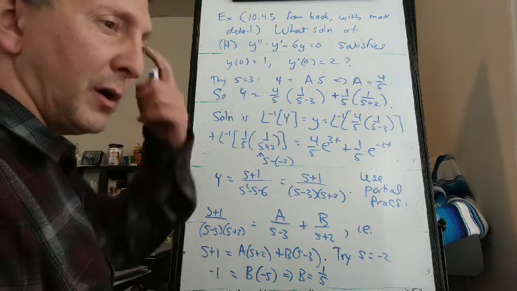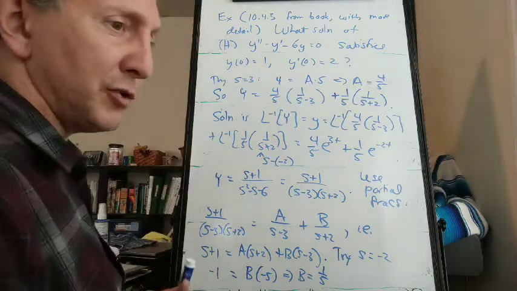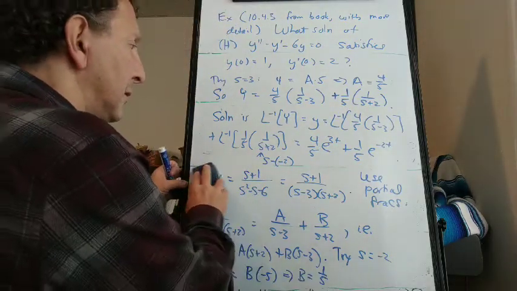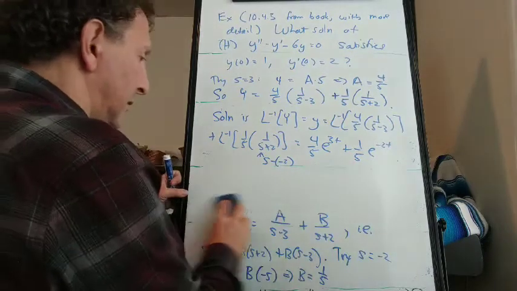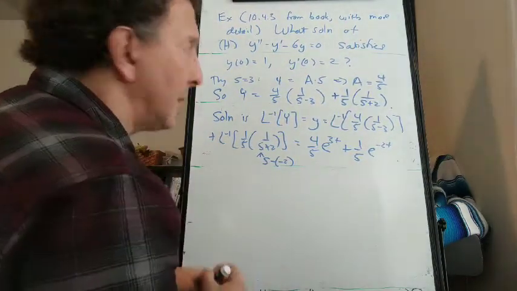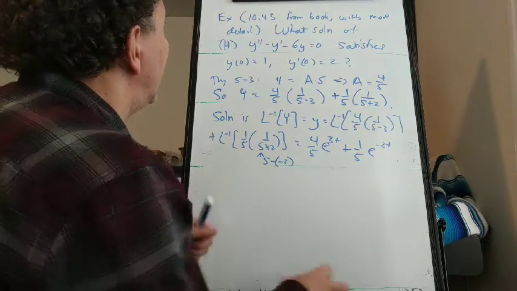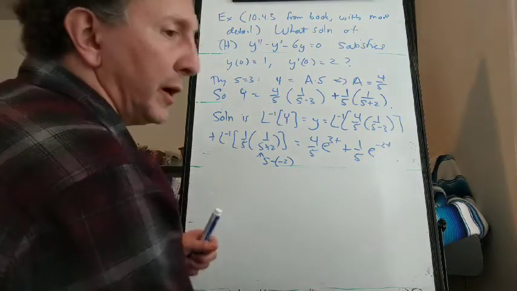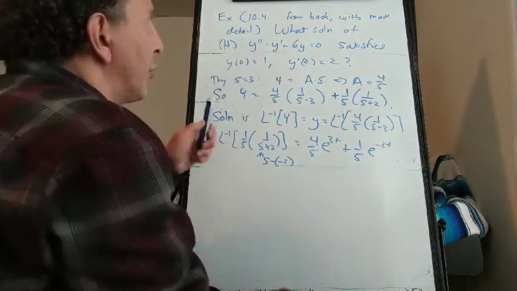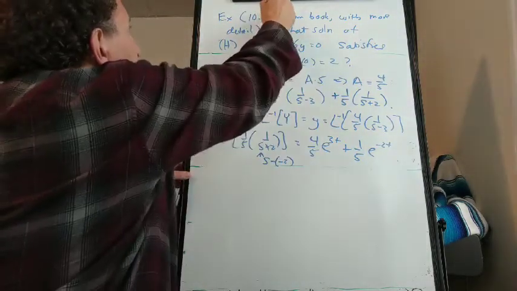All right, let's do another example now, which is non-homogeneous. I'm going to do example 10.4.4 from the book, again with more detail than the book gives.